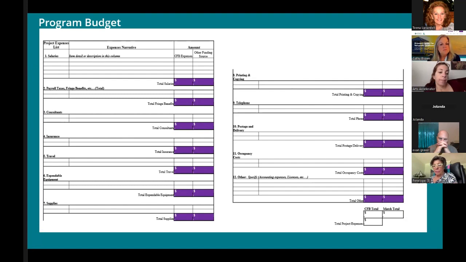But Blick, for one reason or another, doesn't come through. So now I have a big hole in my budget of what I actually need to complete the project. So how do you do this? Do you just hope that you get it from all the sources you're requesting it from? Well, great question.